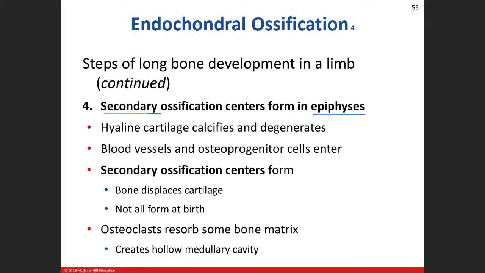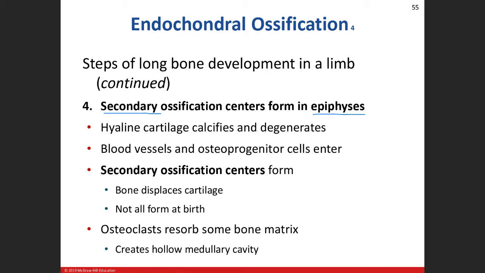Same scenario. The hyaline cartilage tissue calcifies, hardens, the chondrocytes die, and they leave these holes in the matrix. Osteoblasts and capillaries then infiltrate into those holes, and they start to form osteoid and bone tissue over the remaining cartilage tissue that was there.